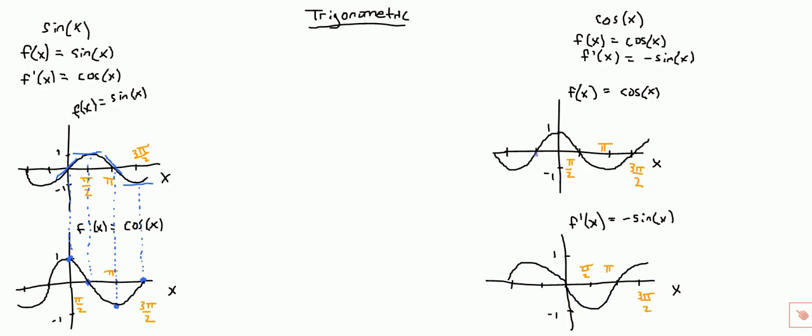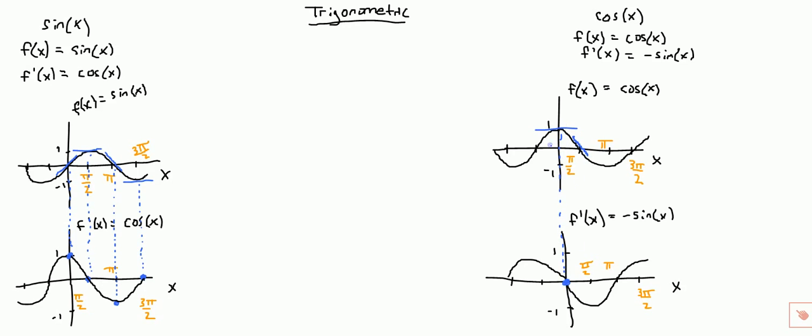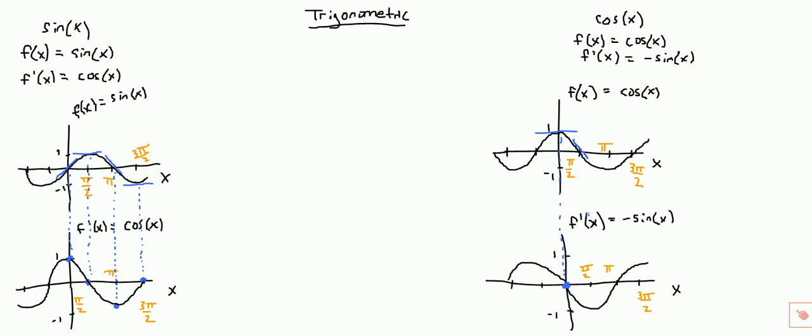Now let's draw the tangents. So at 0, looks like the tangent is 0. Okay, that checks out. At pi over 2, looks like the tangent is negative 1.